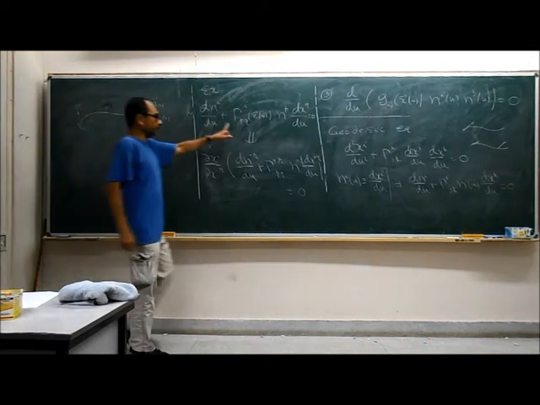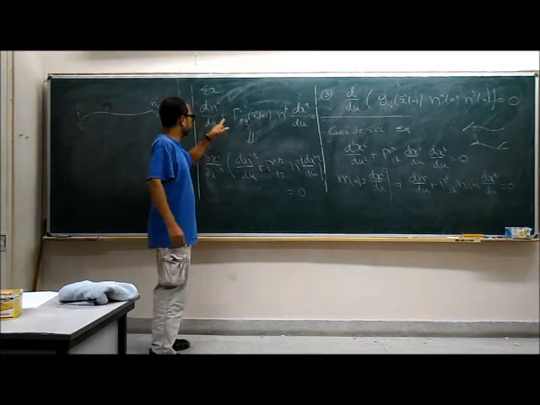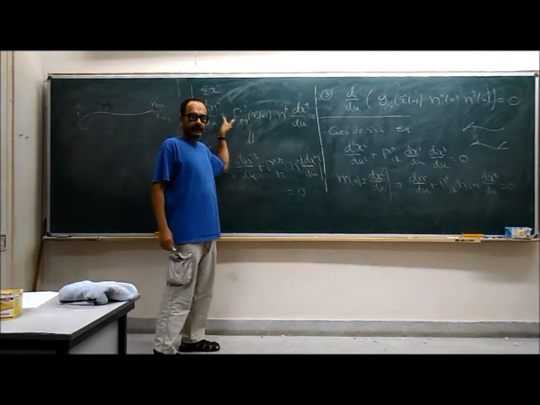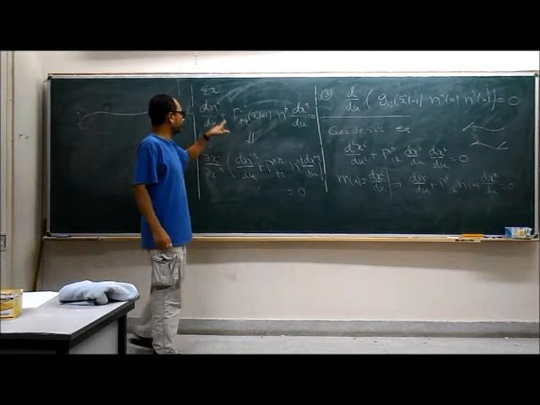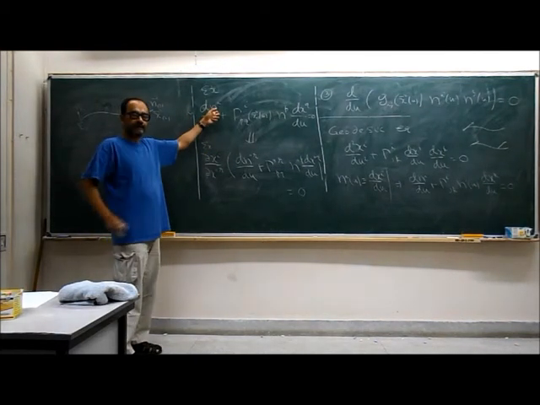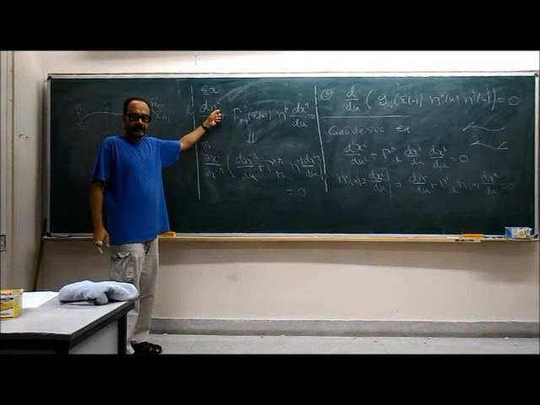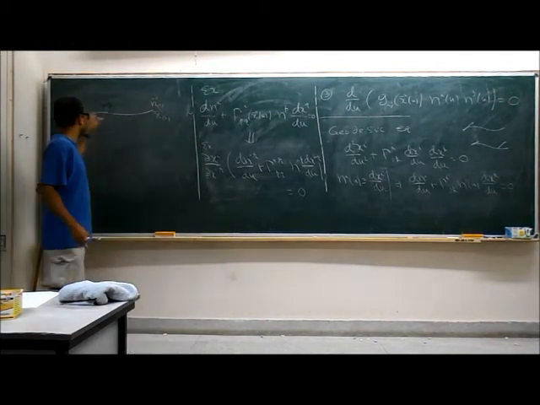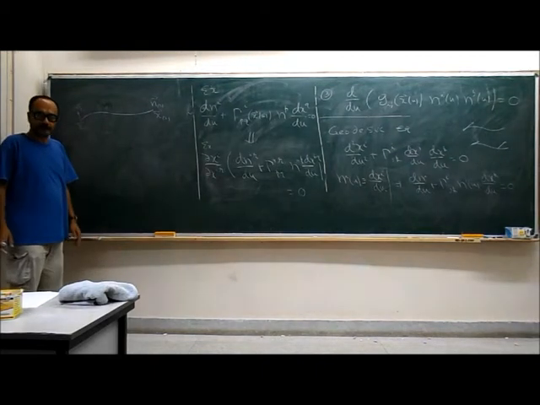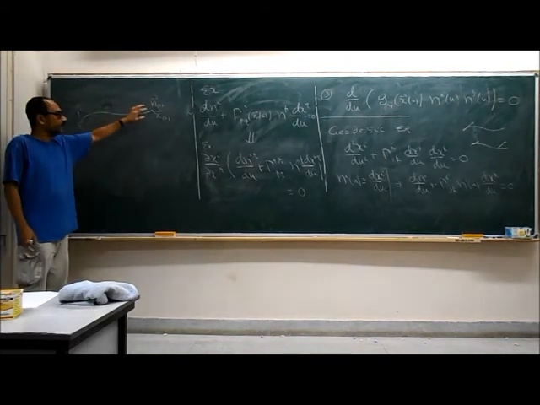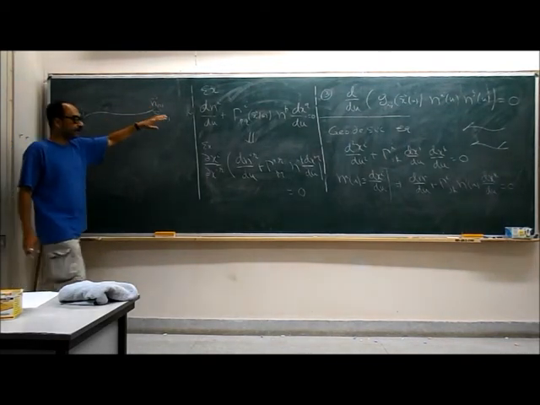Now, if we look at this equation, this equation is linear in n. Which means that if we take two vectors, n and n prime initially, and suppose n1 goes to n2 and n1 prime goes to n2 prime, then if you start with n1 plus n1 prime, that will become n2 plus n2 prime. That's the meaning of a linear equation.